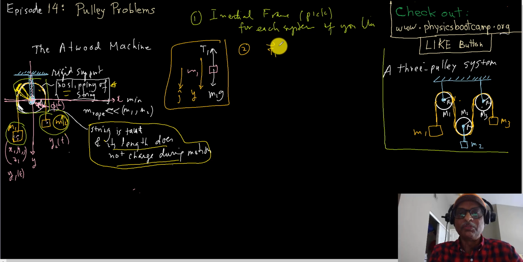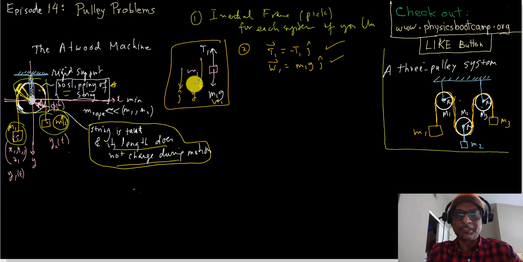So T1 is minus T1 j hat. Let's call the weight W1. W1 vector is M1g j hat. Using j hat makes clear what the directions are. T1 is a positive number, M1g is a positive number, so minus j hat tells me opposite to the y-axis, and the acceleration vector is just y double dot j hat.